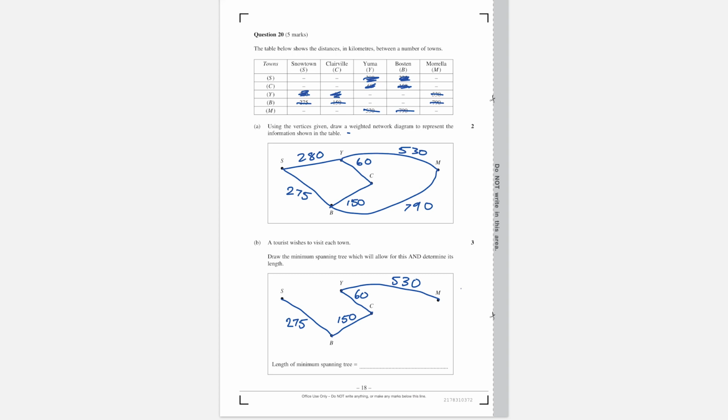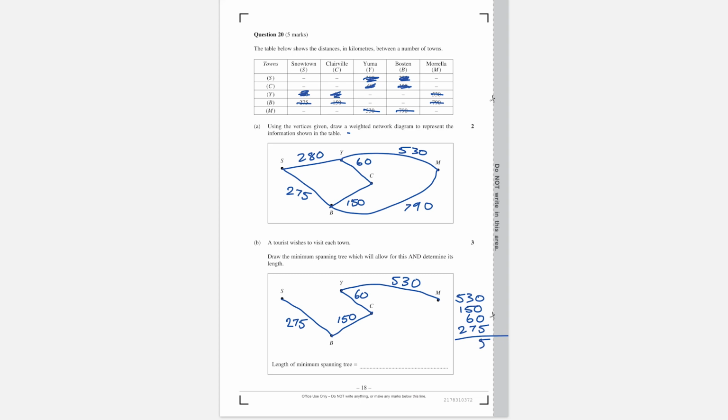And that's it, we're done. So then the length of the minimum spanning tree is just adding these numbers, 530 plus 150 plus 60 plus 275. All right. Let's just do this by hand.